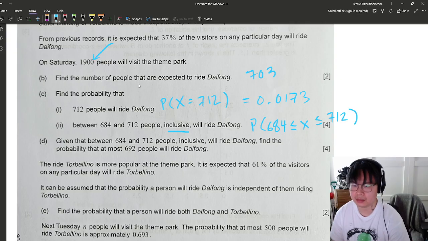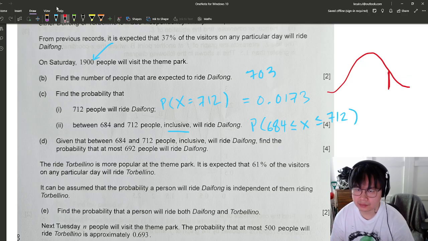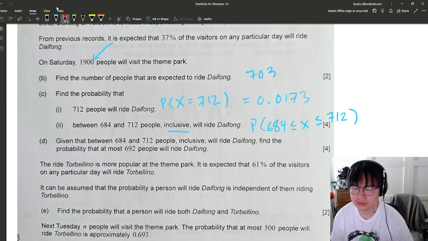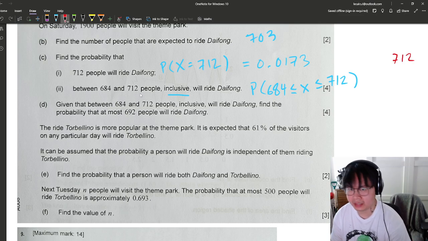Okay, so this is like a cumulative. We just found out the probability that 712 people are going to go on this ride.